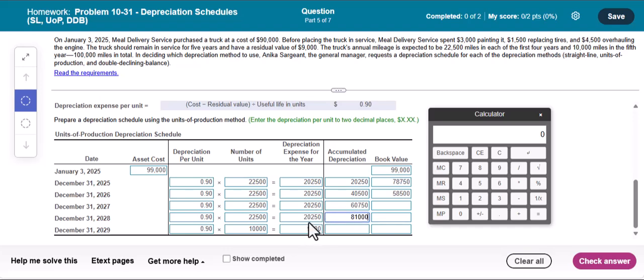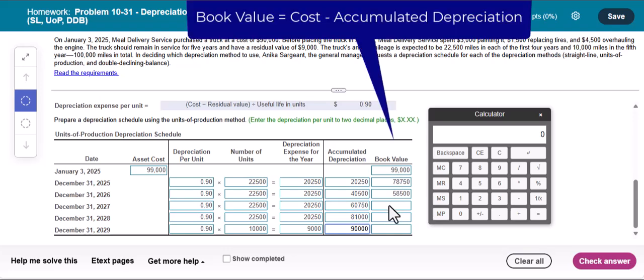And then finally, we add 9,000 to this 81,000 for total accumulated depreciation there. And then again, we'll math out the book value here by taking away accumulated depreciation from the total book value. So let's go ahead and do that for each of the following years.